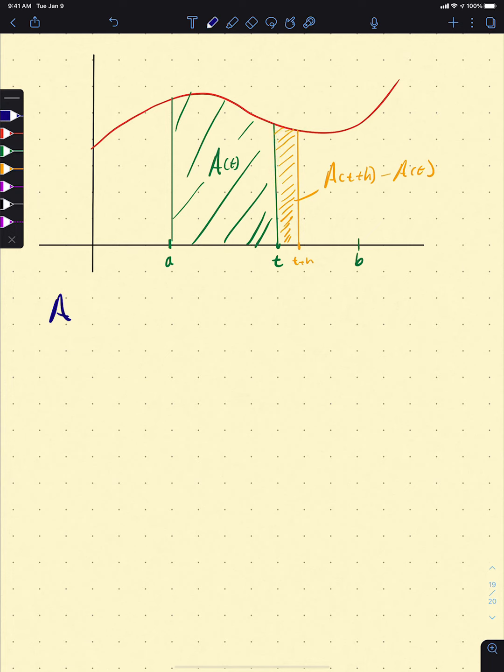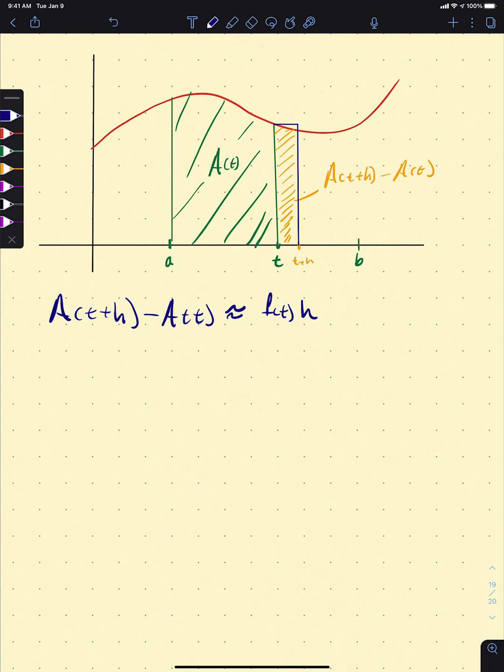A of t plus h minus A of t is approximately equal to f of t times h. It's not exactly equal to that, right? F of t times h would be this rectangle here, but it's getting closer and closer.